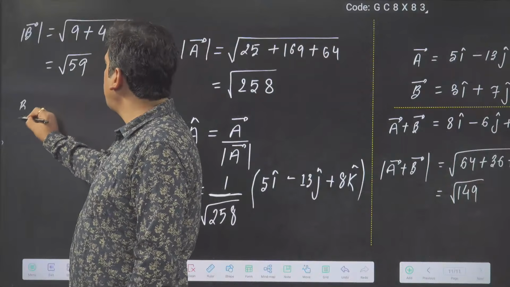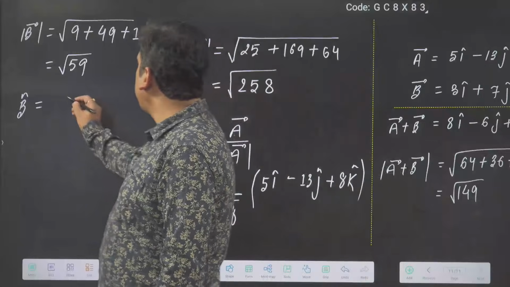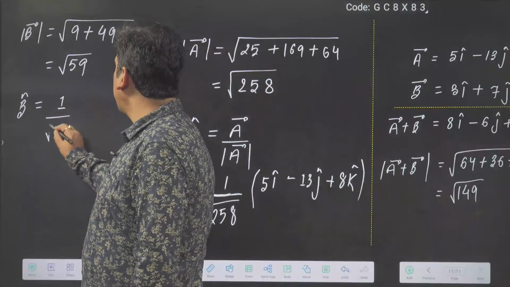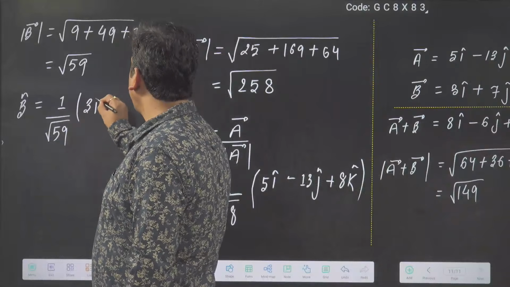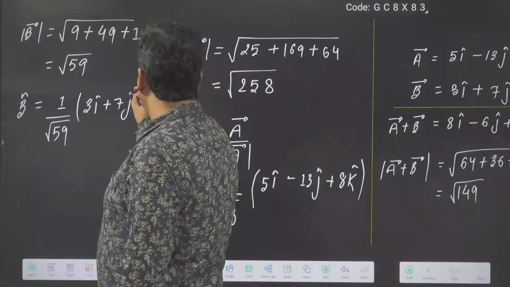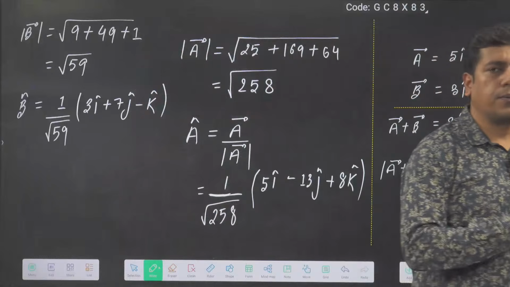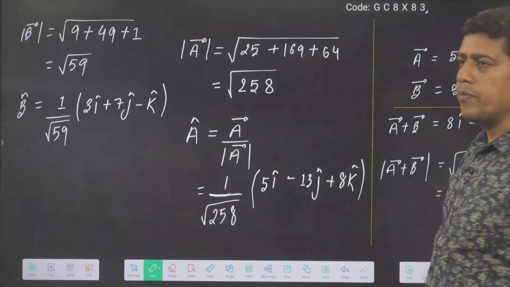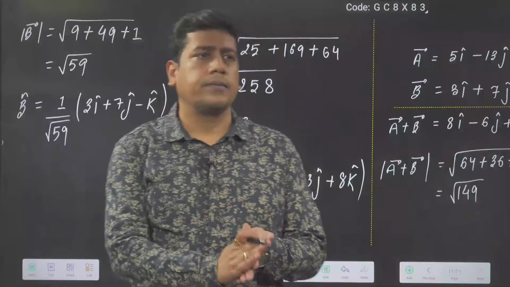So for B cap we can take 1 by root 59 common, and write the B vector as 3I plus 7J minus K cap. So this is the answer of B cap.